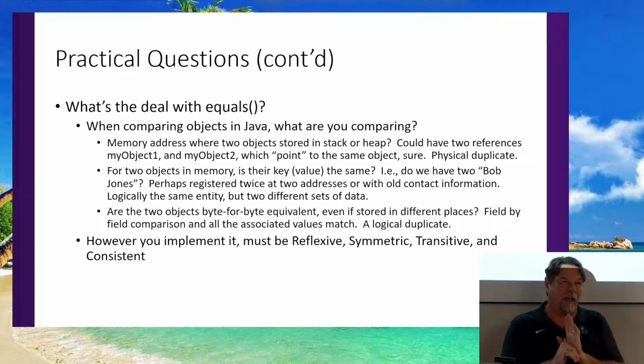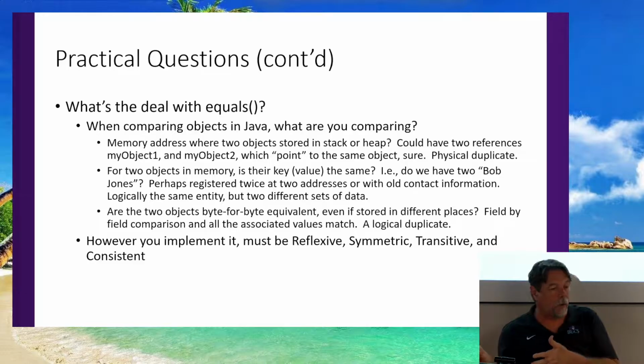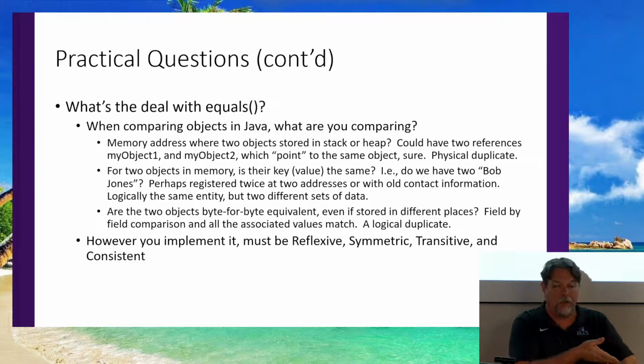And when I say that, if you want how you use these collection implementations, array list, hash map, etc., to work properly as they were written, then when you implement the dot equals method on your customer object, you have to support certain properties. It has to be reflexive.